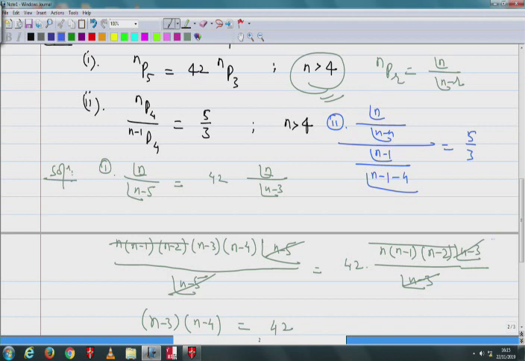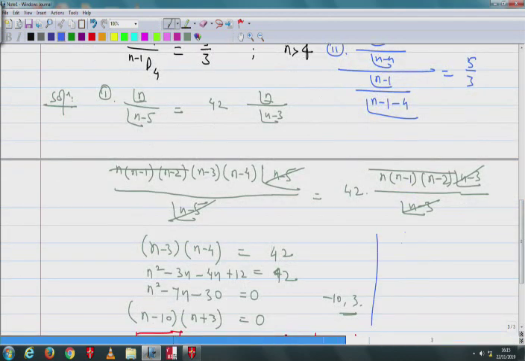So now, this is n factorial divided by (n minus 4) factorial, times (n minus 5) factorial over (n minus 1) factorial, equals 5 by 3. You check this one. You will get n factorial divided by (n minus 4) factorial.